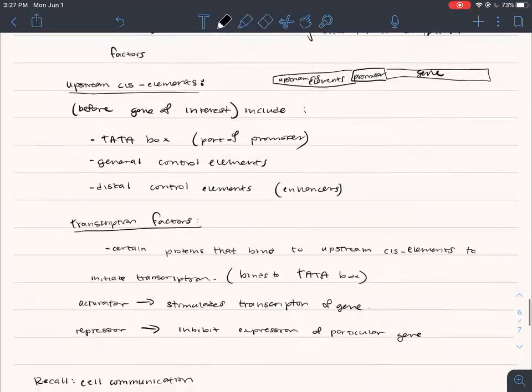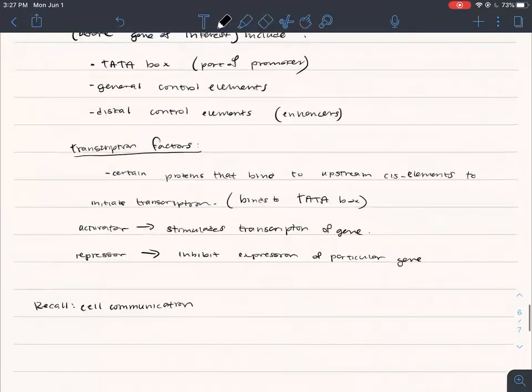So before the gene of interest, which is why we call it upstream, it includes a TATA box. The TATA box is part of the promoter. And there are general control elements, and then distal control elements, which are farther upstream and farther away from our gene of interest. They also include enhancers.